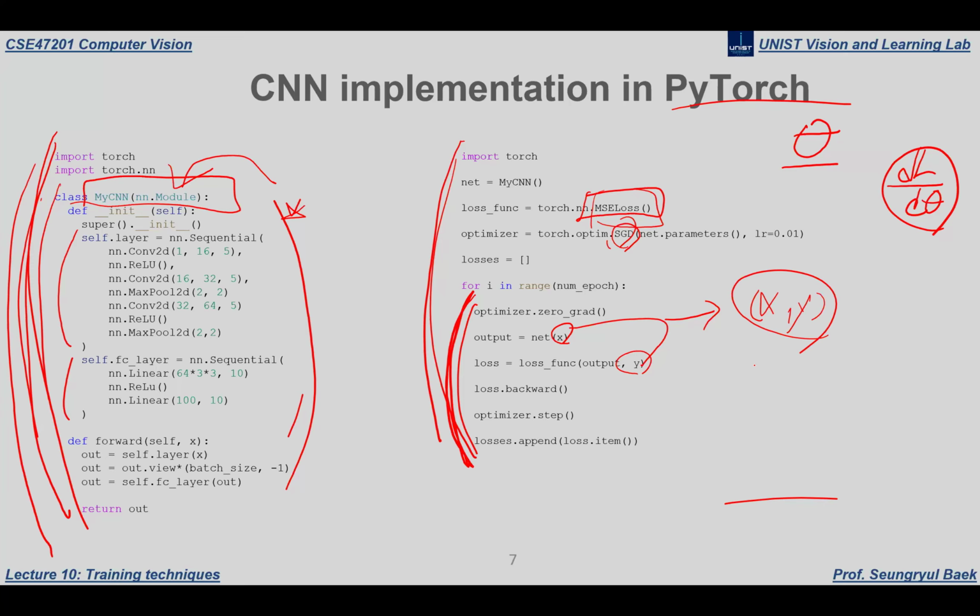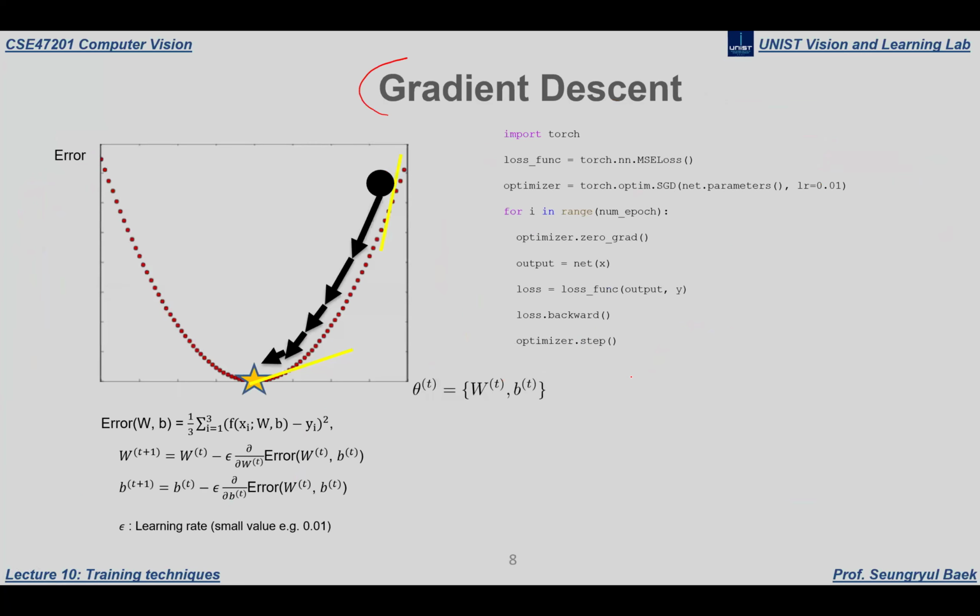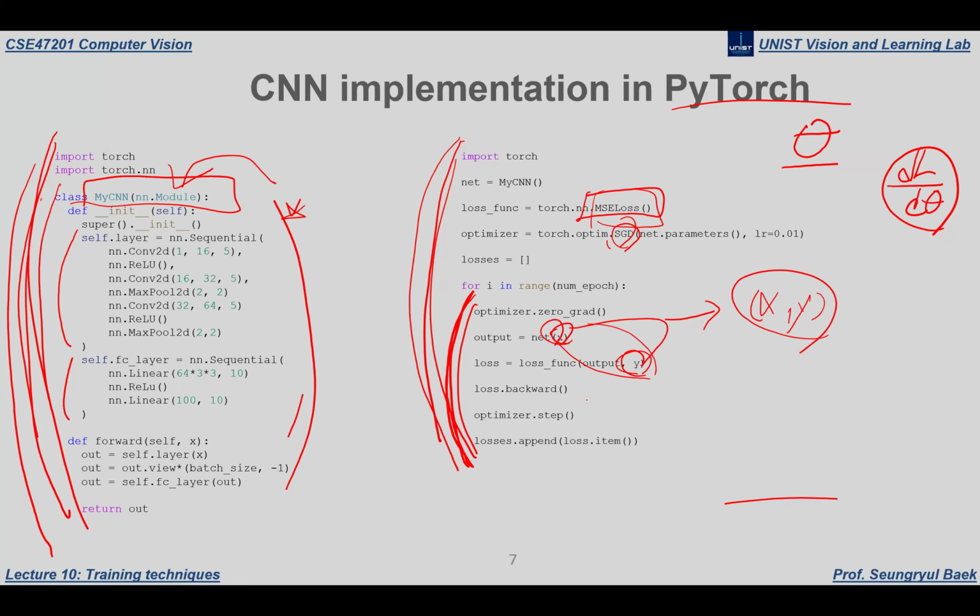Okay. Actually, in this code, how we load these X and Y pairs is missing. But in the previous lectures, I also explained that these X and Y can be easily loaded using the data loader implemented in Python.